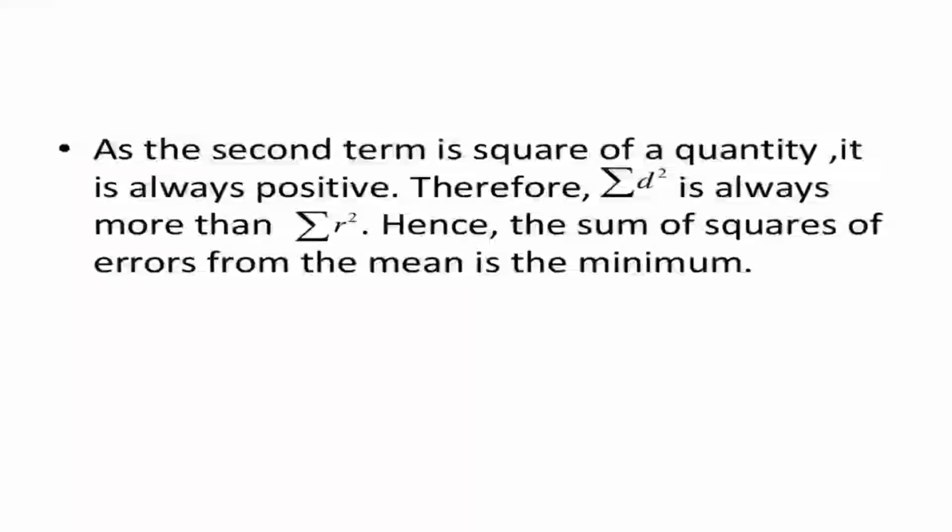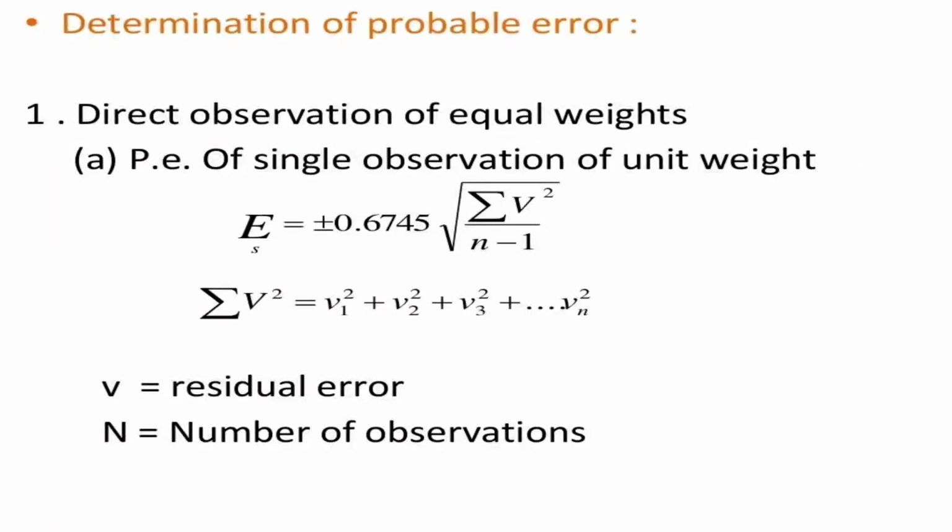As the second term is the square of a quantity, it is always positive. Therefore, summation of d square is always more than summation of r square. Hence, the sum of squares of errors from the mean is the minimum.